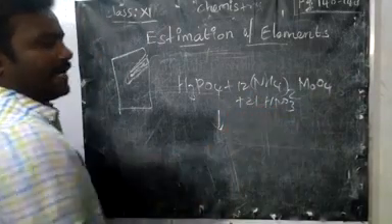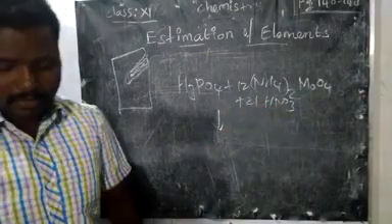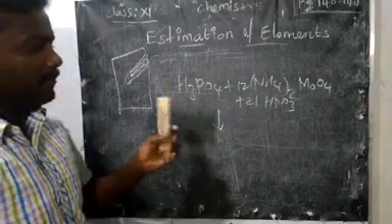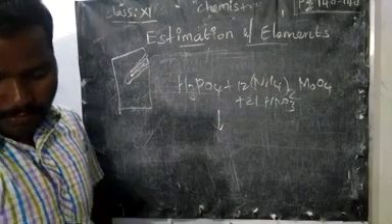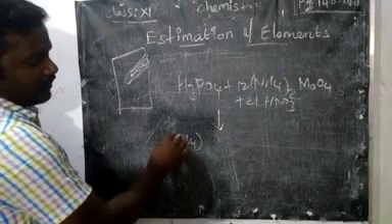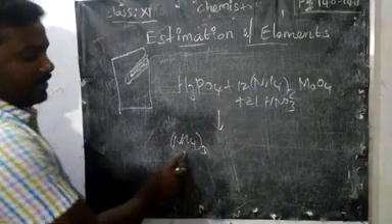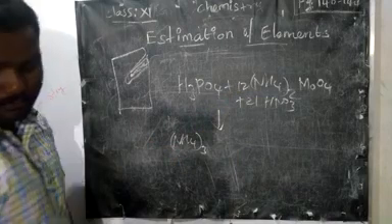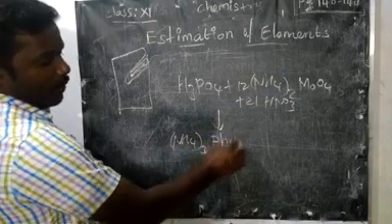Both we are adding in the Carius tube and heating for 5 hours. Then we will get ammonium phosphomolybdate precipitate. What is that? (NH4)3, out of 24 ammonia we are taking 3 only, ammonium phosphomolybdate.